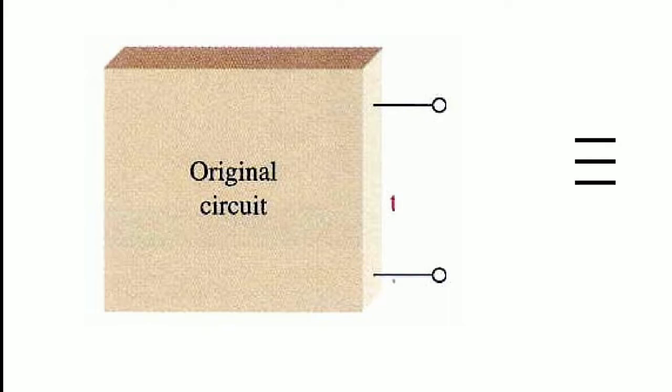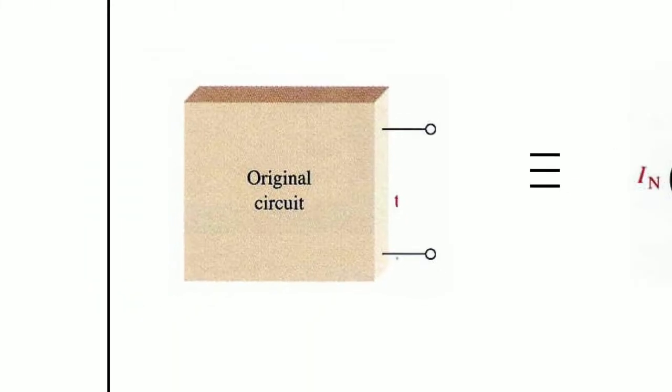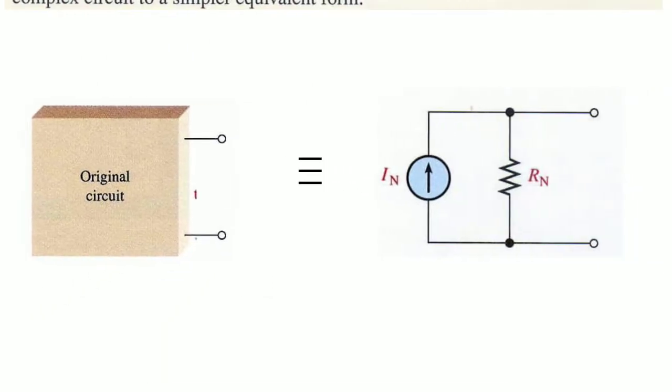This circuit is the original circuit, and the terminals are A and B. I will take the terminals whatever, X, Y or A and B. This original circuit's equivalent circuit is drawn as shown in the figure.